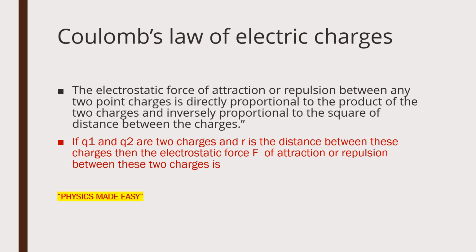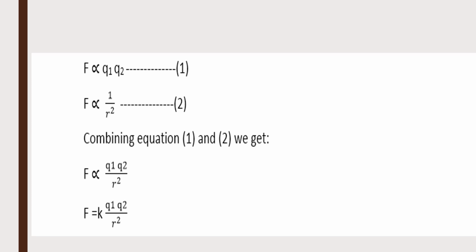Here Q1 and Q2 are the two point charges and small r is the distance between these charges. Then the electrostatic force of attraction or repulsion between the two charges can be represented as per the definition, from the two rules that the force is directly proportional to the product of the magnitudes of the charges.